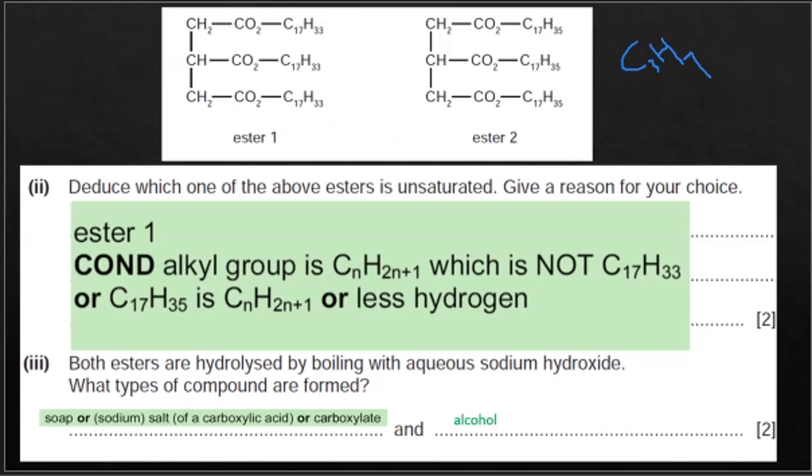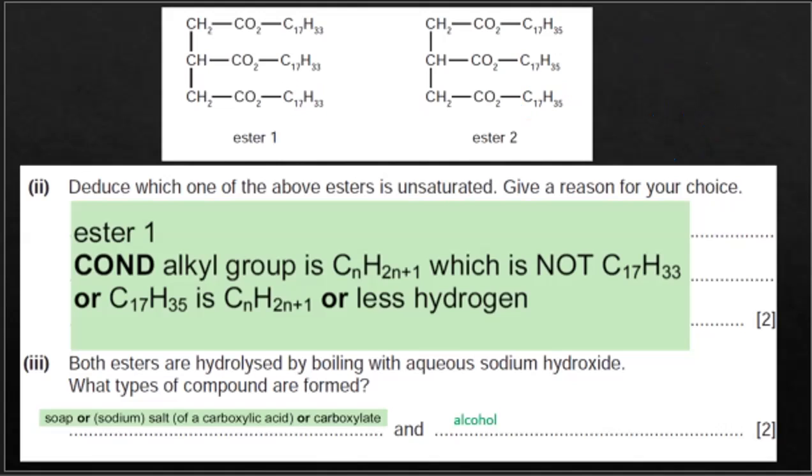C3H7 is propyl. C4H9 is butyl. Those alkyl groups would tell us whether or not it is unsaturated because that alkyl group is supposed to correspond to this portion of the chain. So if we check this portion of the chain to see if it follows that pattern, then from that we can determine whether ester 1 is unsaturated or whether ester 2 is unsaturated.